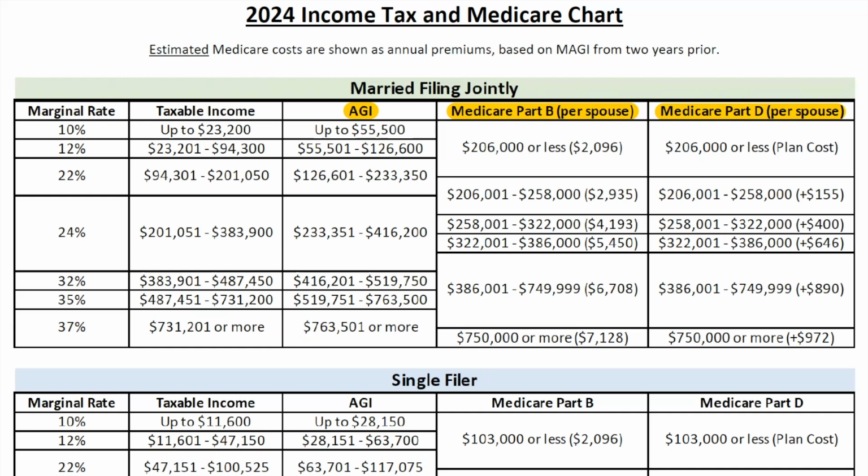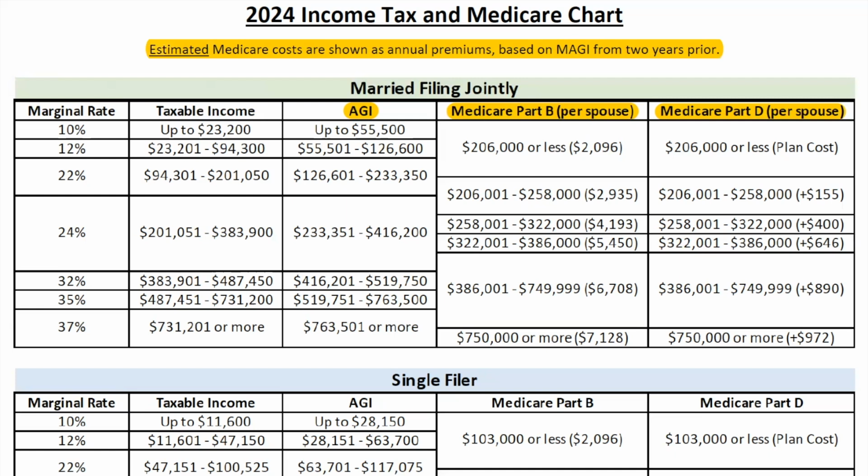This number is determined by combining your adjusted gross income, AGI, and any non-taxable municipal bond interest. Higher income retirees with significant municipal bond holdings within taxable brokerage accounts are often caught off guard. You'll learn how to find these variables and calculate these numbers during the upcoming tax return lesson.